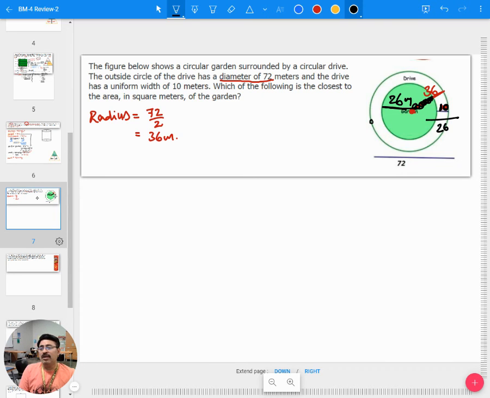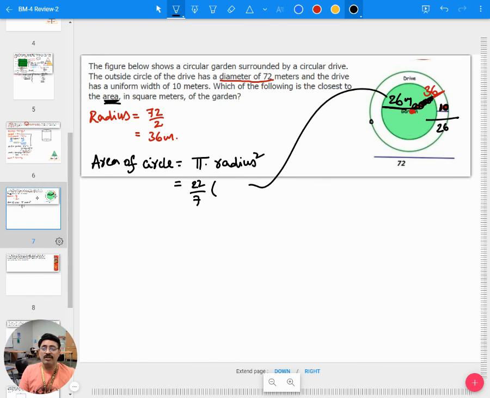Okay. The question is, what is the area of the garden? The area of the garden, which is in the shape of a circle, is pi times radius square. Pi value is 22 over 7. What is the radius? Just now we got this as 26 units.